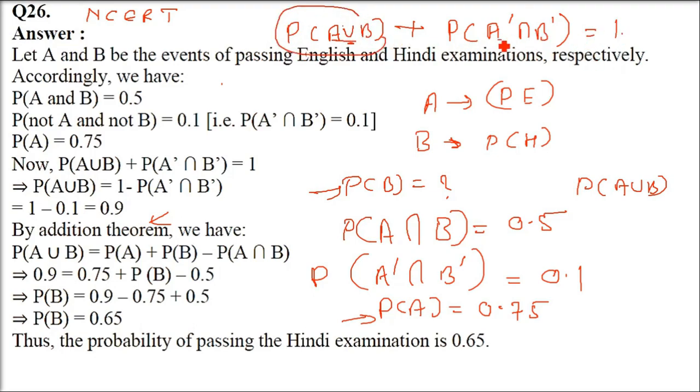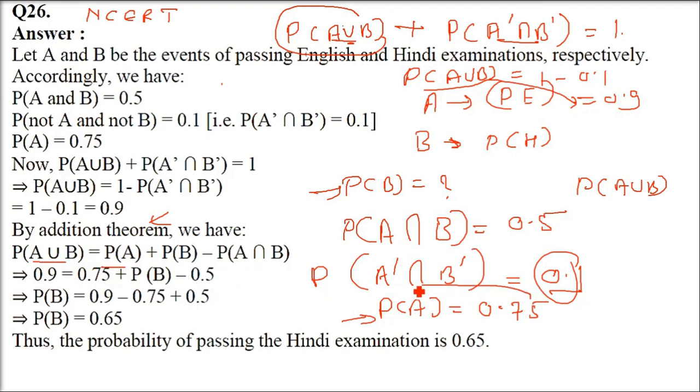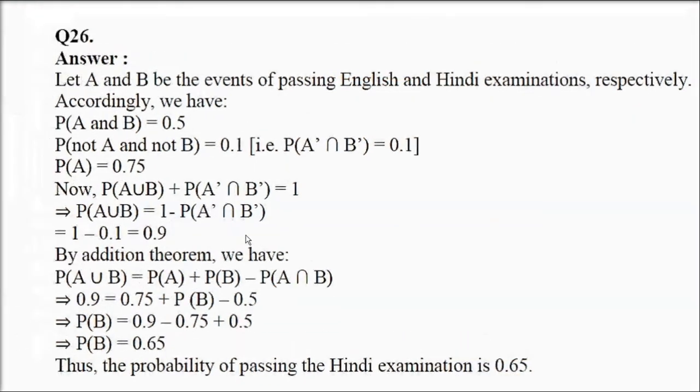So in order to find P(A union B), we subtract P(A complement intersection B complement) from 1. P(A union B) will be 1 minus 0.1, which is 0.9. So P(A union B) we have got. P(A) is given, P(A union B) is given, P(A intersection B) is computed, so P(B) will be 0.65.